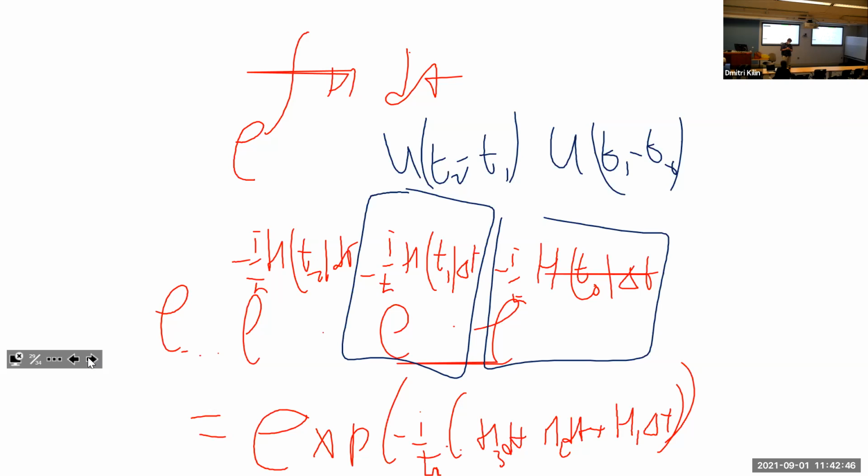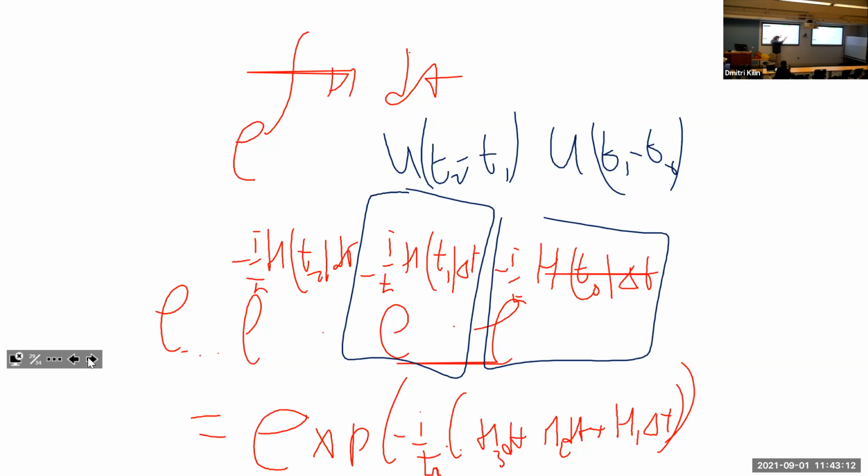Or if we are talking about the recent past and very soon future, instead of integrals, we can have just these delta t time intervals multiplied by the total energy operator. So delta t times the energy operator at time 0, delta t times the energy operator at time 1, right?